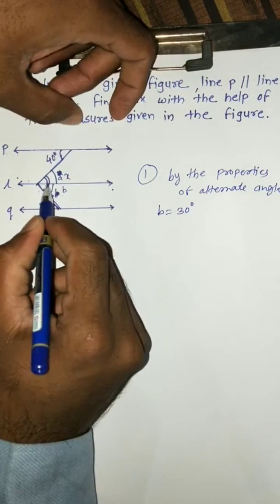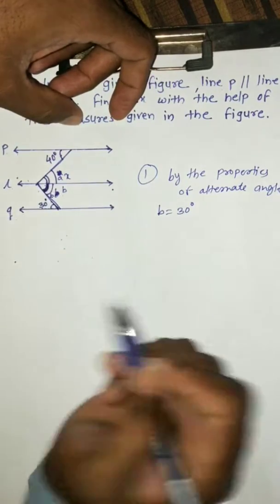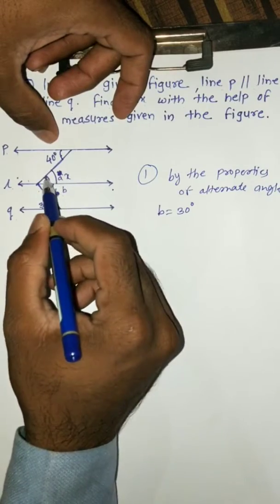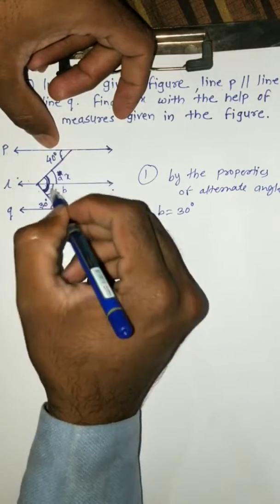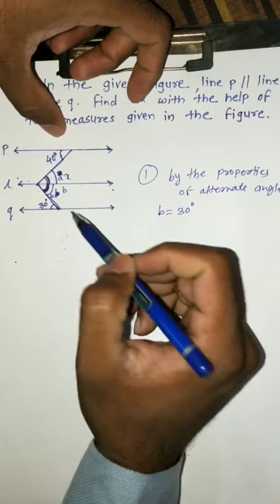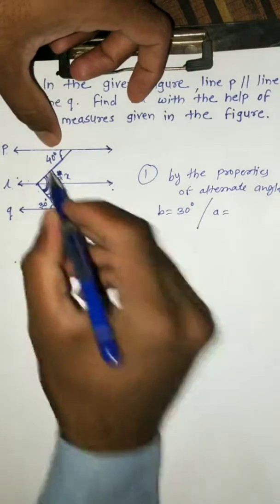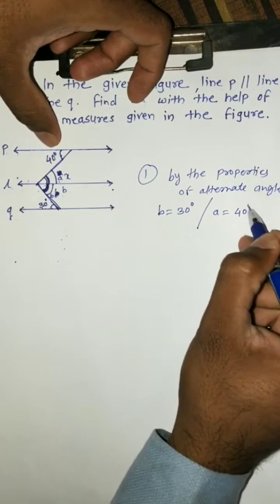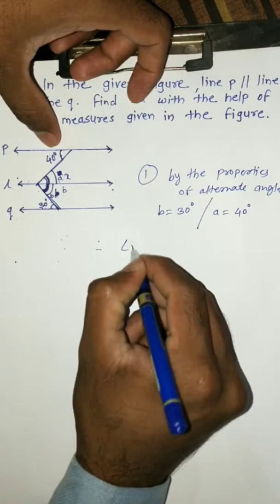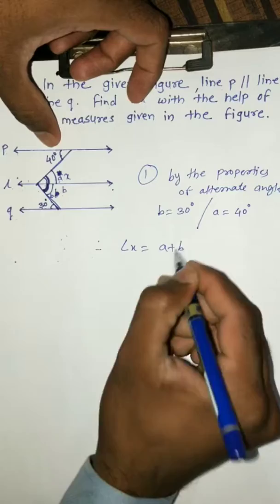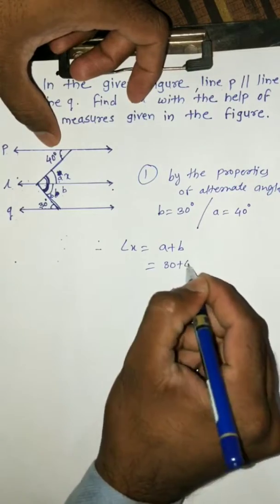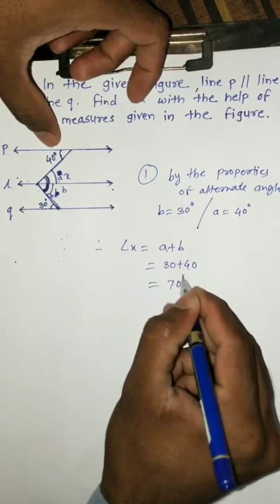B means this angle, and this is angle A. This is also an alternate angle. By the property of alternate angles, the measurement of A is equal to 40 degrees. Therefore angle x is equal to A plus B, which is 30 plus 40, equal to 70 degrees.